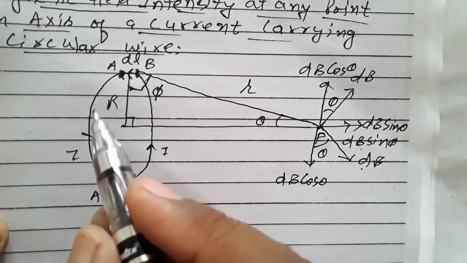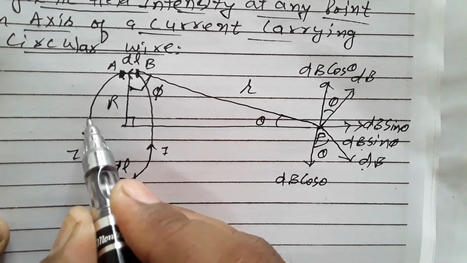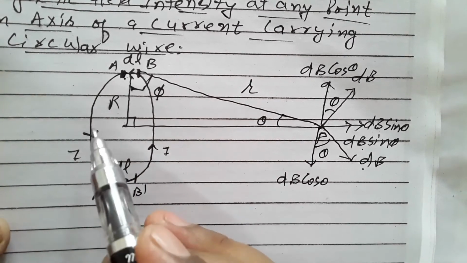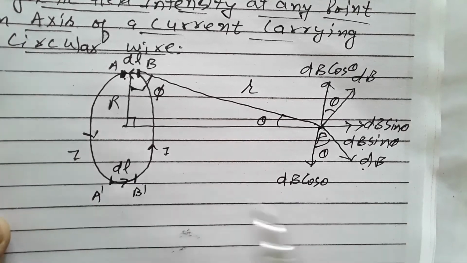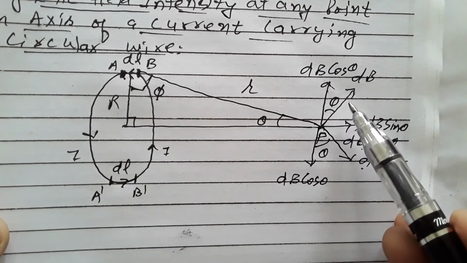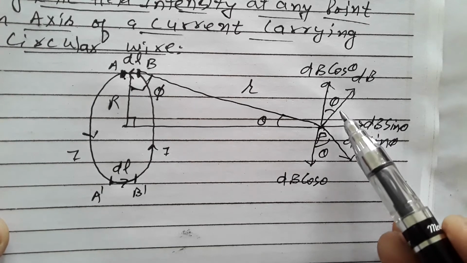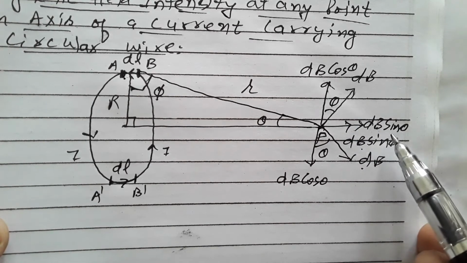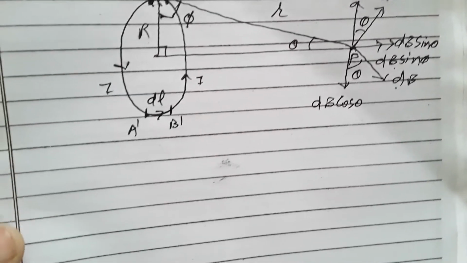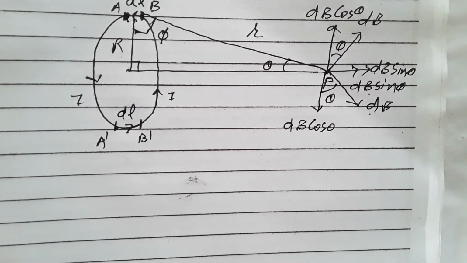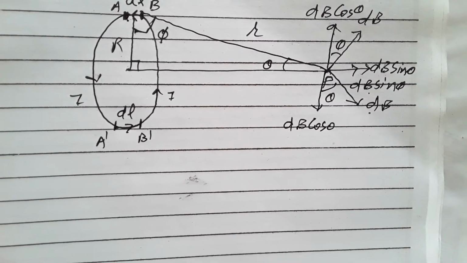If we take a small element dl at any point, we get a small magnetic field dB, and if we resolve it, we get only the component dB sin theta. There are many such components of dB sin theta. If we integrate them, we get the total magnetic field.